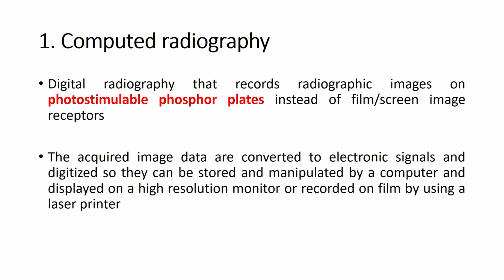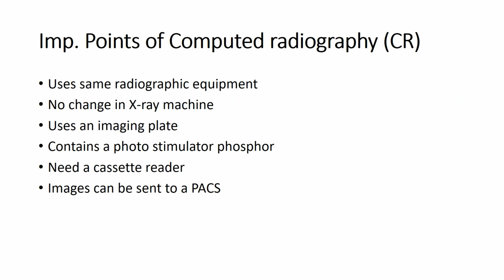The acquired image data are converted to an electronic signal and digitalized, so they can be stored and manipulated by the computer and displayed on a high resolution monitor or recorded on a film by using a laser printer.